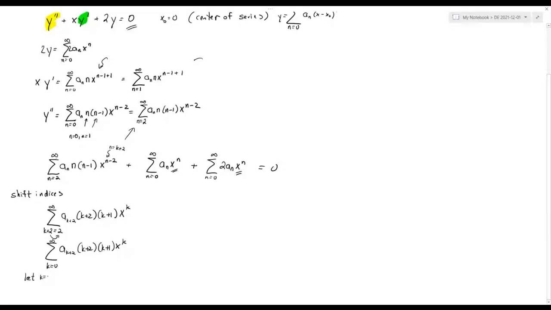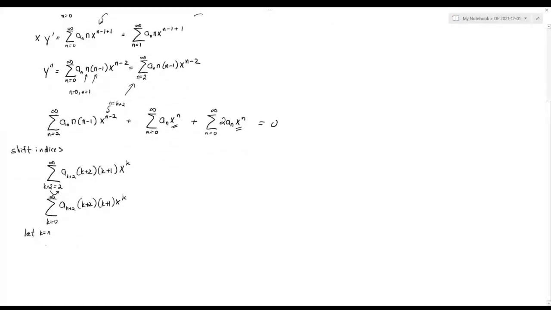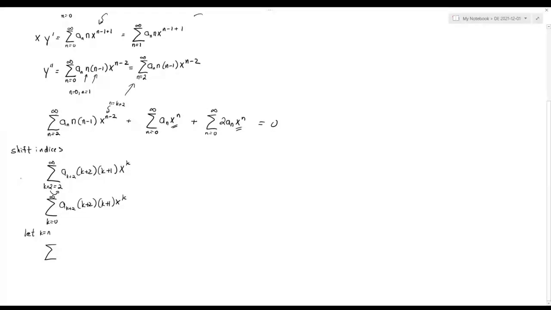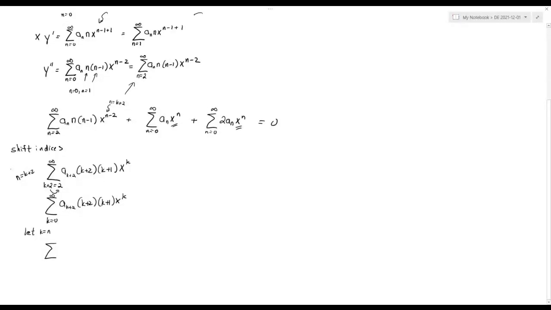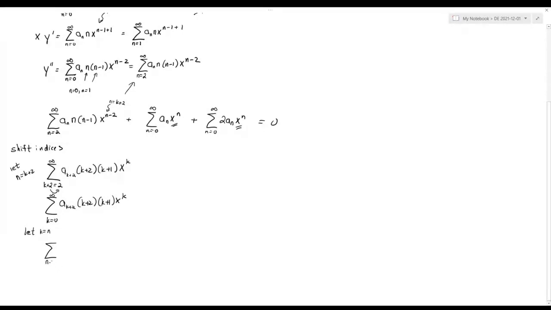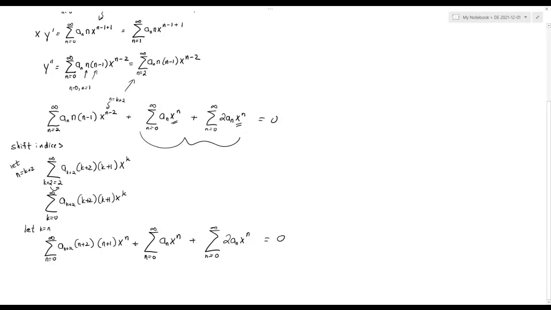So we're just going to rename k as n. It's just a name. I typically don't do this intermediate step of letting n equal k plus 2; I just stick with the letter n. So any place we see a k, we can replace it with an n. And then I'm going to bring this down as well. That's all equal to 0.